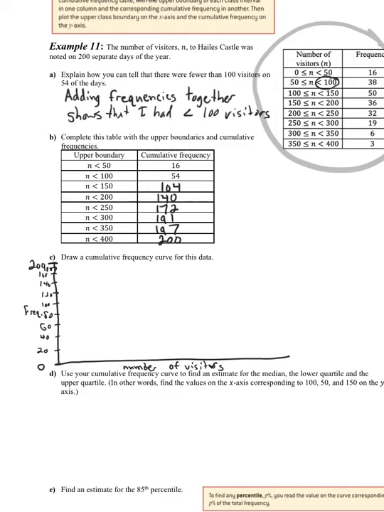Gets a little tight at the top. Didn't give myself very much space here. And then in terms of number of visitors, the upper bound is 400. So we'll probably want to go out here somewhere. I'm just looking at your book right now. I think your book has it by 30s, so we'll count by 30s.